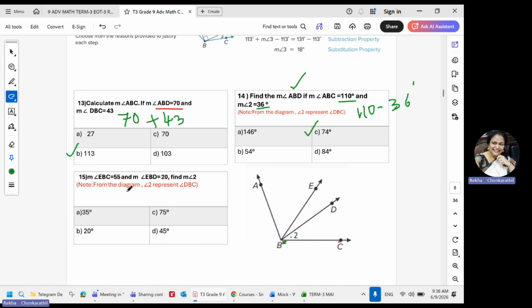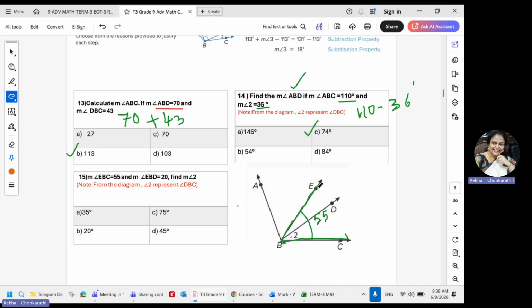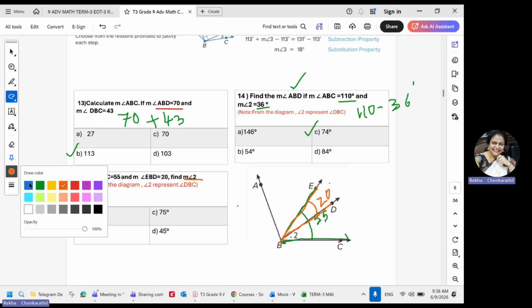Here it says angle EBC is 55. EBC. This angle is 55. Okay. Angle EBD is 20. EBD. So this part is 20. All right. Find angle 2. So angle 2 is the remaining part.